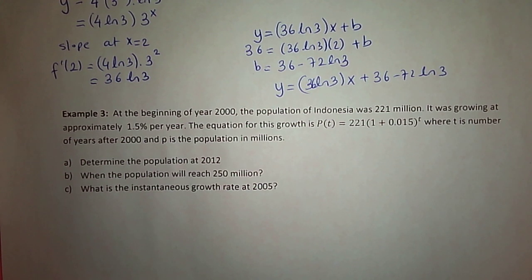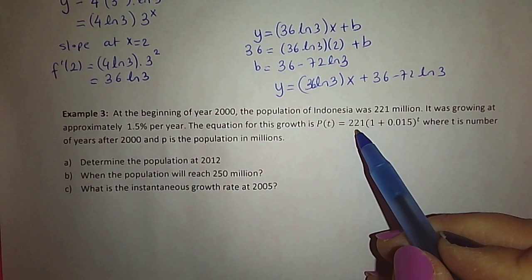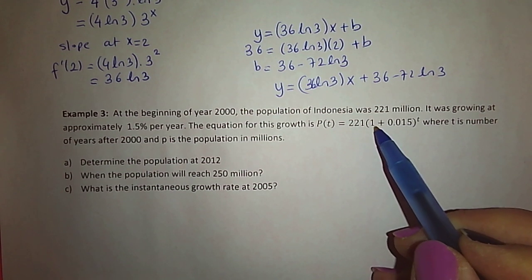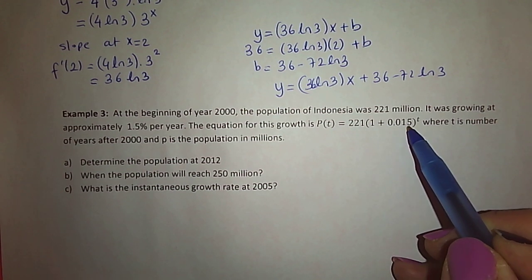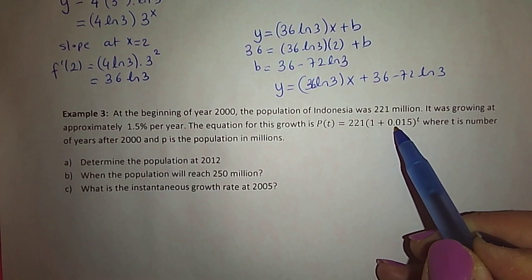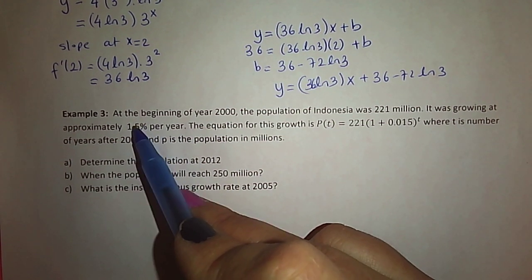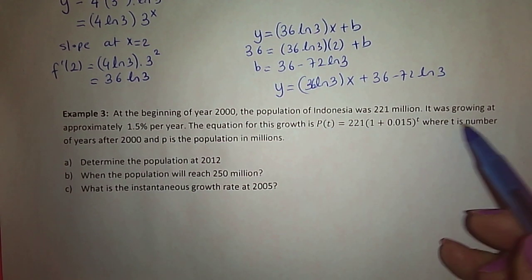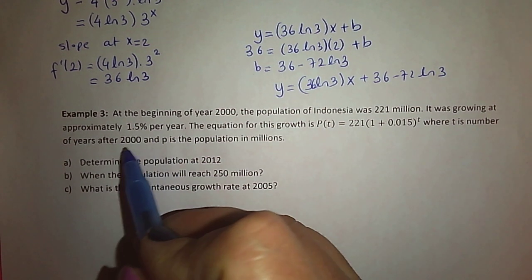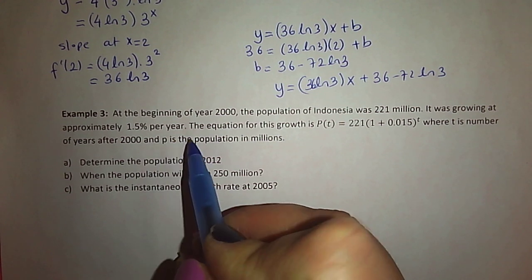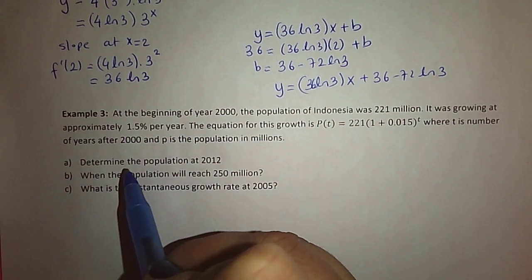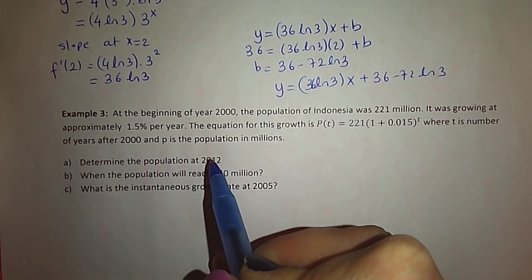The equation for this growth is P of t equals 221 times (1 plus 0.015) to the power of t. As you see, this rate is coming from 1.5% as a decimal value, where t is the number of years after 2000 and P is the population in millions. So determine the population at 2012.